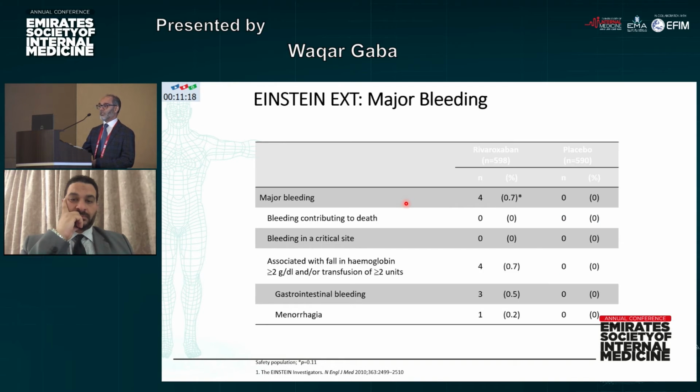When you see the major bleeding, again, there were only 4 events, so that was at the expense of 4 major bleeding events, but remember, there was no death, no mortality, no bleeding in a critical site, and mainly, among the 4, there were 3 GI bleeding.